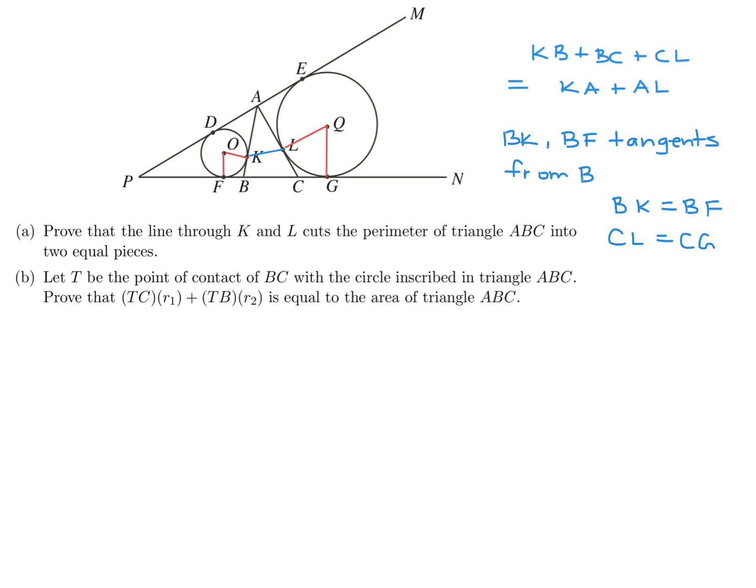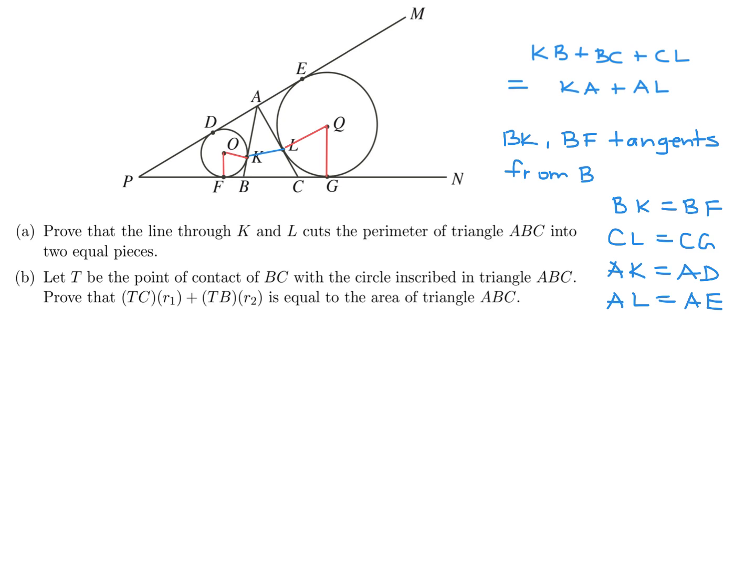And this is a line that's also tangent since D is a tangent point. Both of those start from A. So therefore, AK is equal to AD. And again, you can do it with AL and AE. This is a tangent from A to L because L is the tangent point. This is a tangent from A to E because E is a tangent point. Since both of those begin at A, we conclude that AL is equal to AE. So you use that rule several times to get these equations.